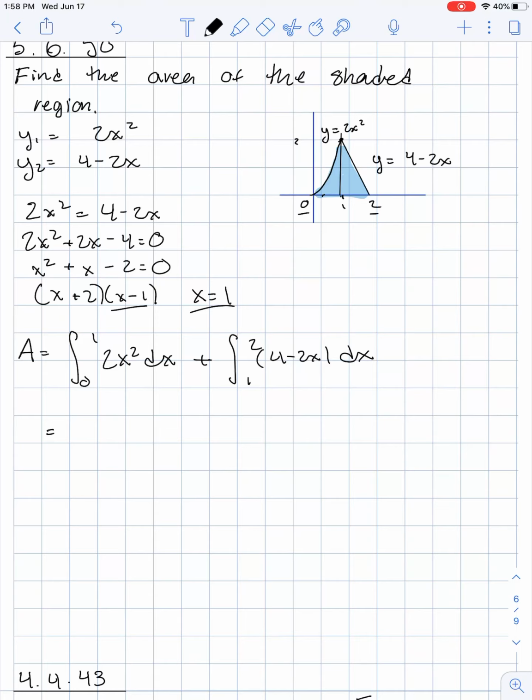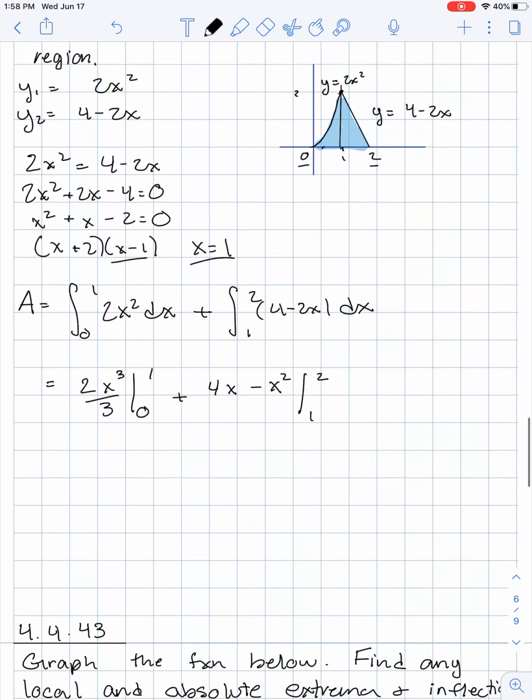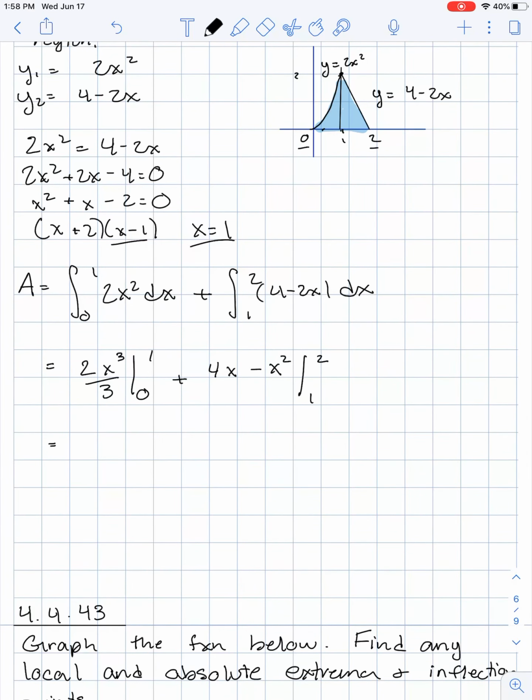All right. So we can integrate. I'm going to get 2x to the third, divided by 3, evaluated from 0 to 1, plus 4x minus x squared from 1 to 2. I'm brushing through integration a little faster because I expect you to be pretty familiar with how to take the antiderivative, the reverse power rule. All right, so I'm going to plug and chug. Fundamental theorem of calculus: I plug in 1 and then subtract what I get when I plug in 0 for this first term.